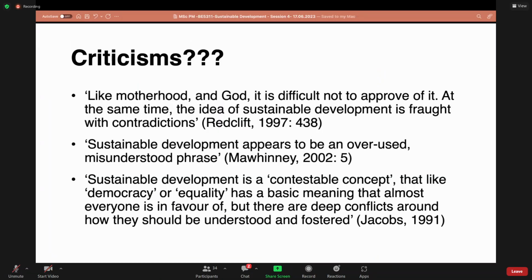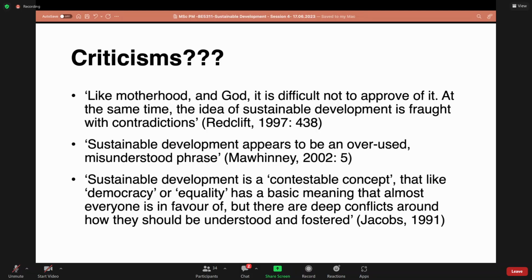And so just to wrap up our discussion on sustainable development, there are lots of criticisms about this concept. So these are just some of these things. So Redclift says, like motherhood or like God, it's difficult not to approve of the concept of sustainable development, but at the same time, there are lots of contradictions associated with this concept.